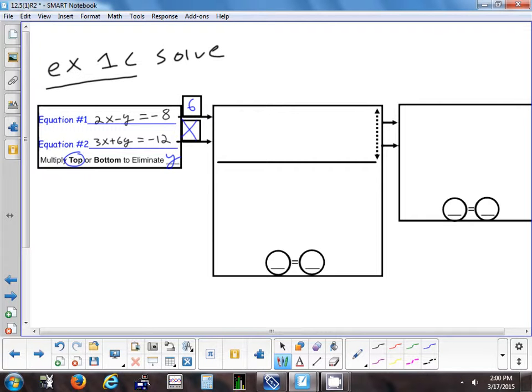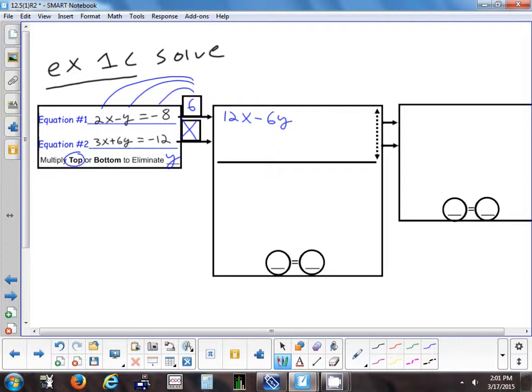Okay, let's just try it and let's see what happens. Emma, what's 2x times 6? 12x. Spencer, what's negative y times 6? Yep, negative 6y. And lastly, what's 6 times negative 8?